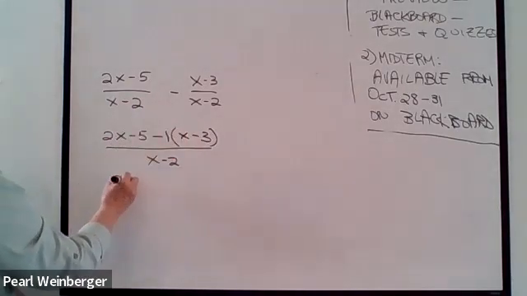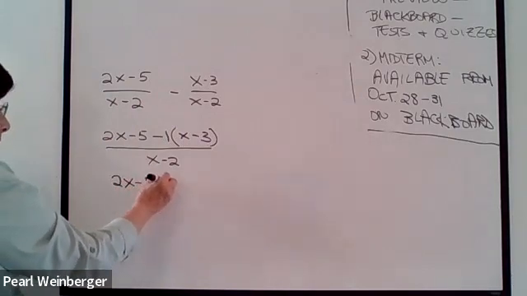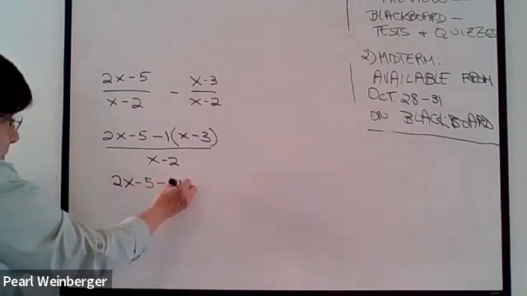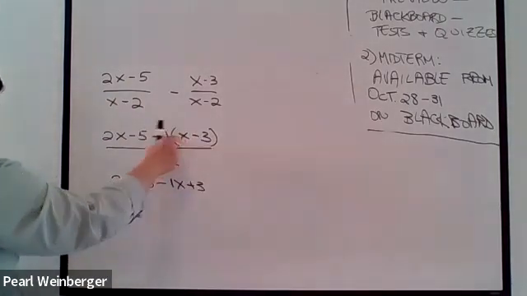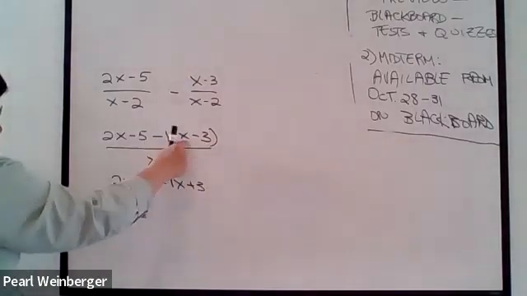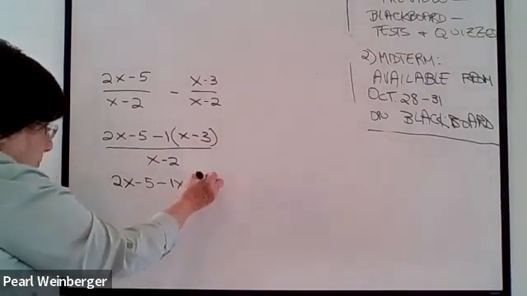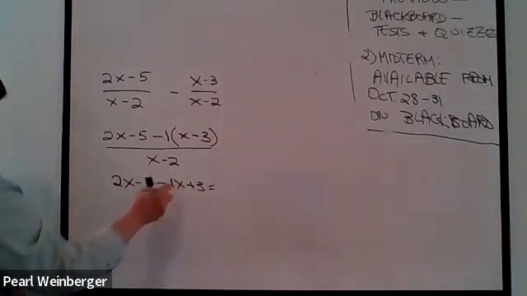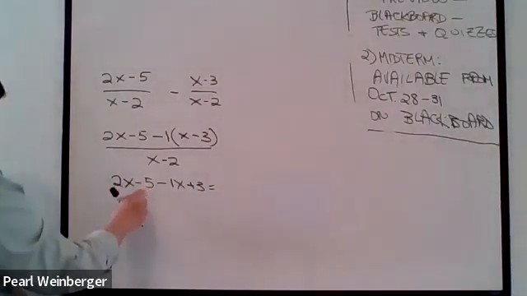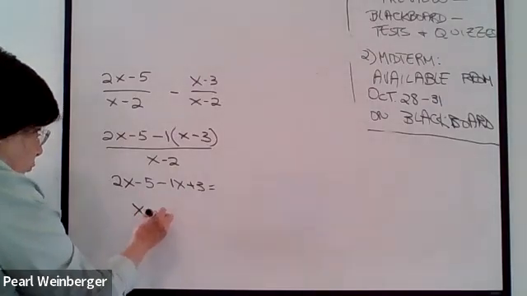So what we really have is 2x minus 5 minus 1x plus 3. Don't forget, we're distributing this negative 1, which I'm going to combine. 2x minus 1x is x. Negative 5 plus 3 is negative 2.